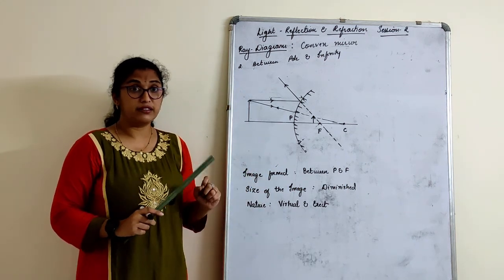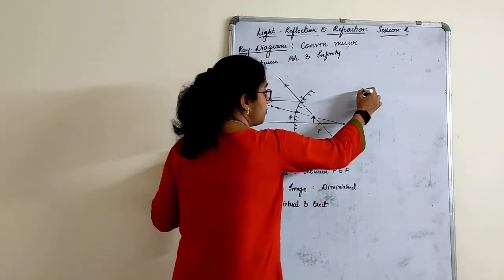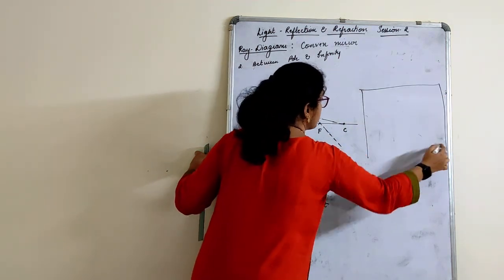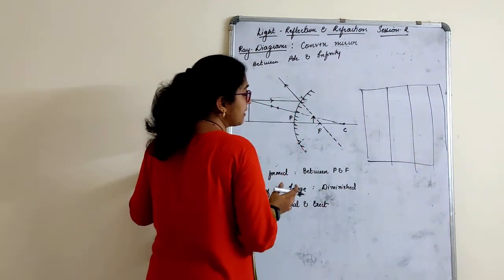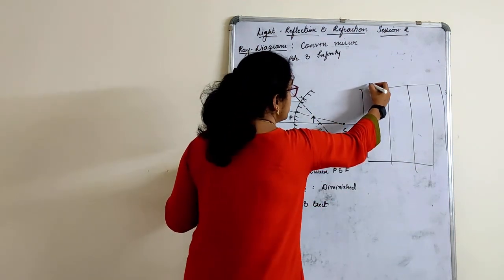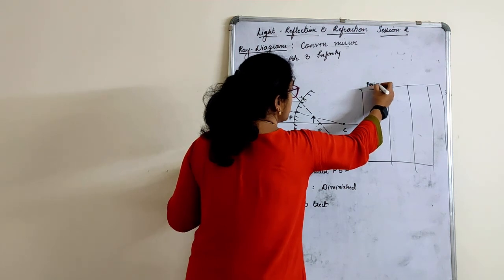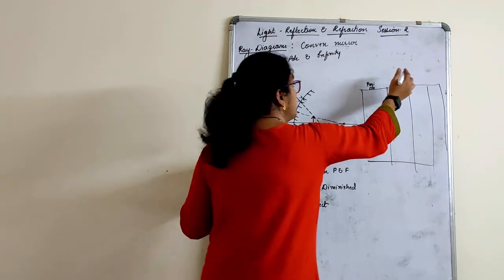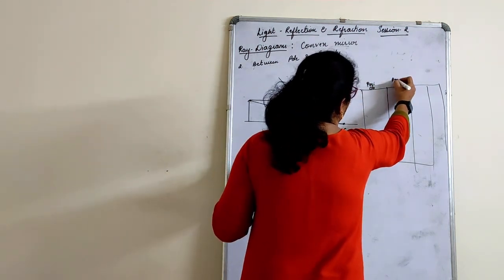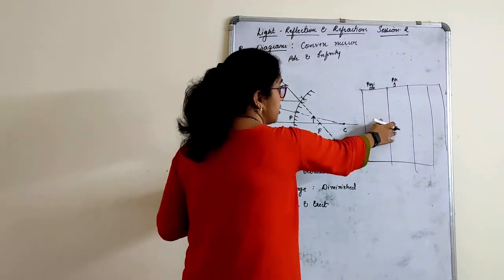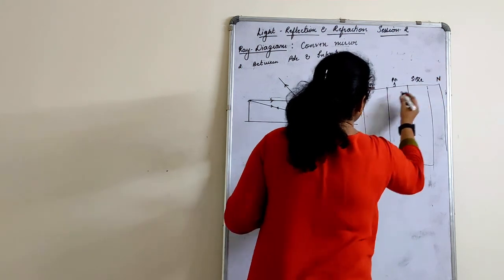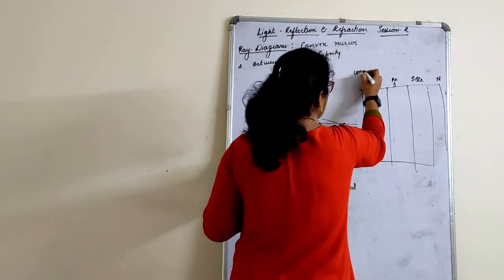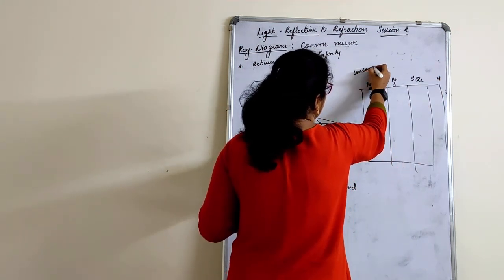Once you are done with the ray diagram, children, draw a small tabular column. That tabular column will not be in the ray diagram. But here, position of object, then position of image, size, nature will be the columns. So this is for concave, right?